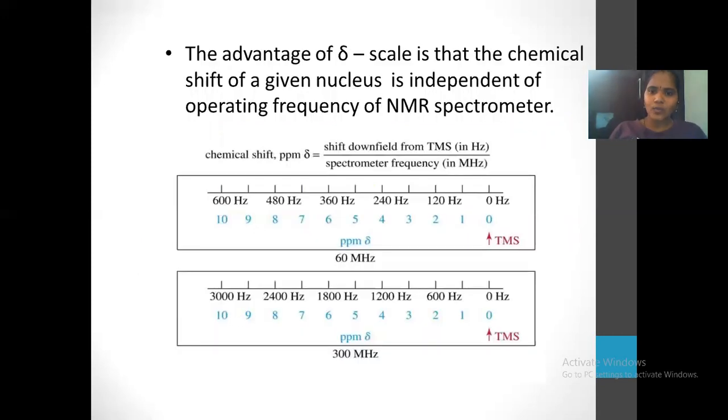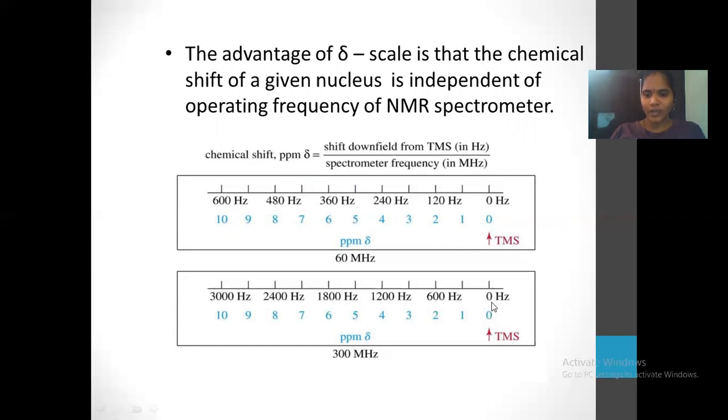So I used one phrase, irrespective of the instrumental frequency, the position of the peak will not change. Here, if I use an instrument which runs at 300 megahertz, and another instrument which runs at 60 megahertz, wherever the TMS absorbs the radiation, that position is considered as zero, irrespective of the frequency of the instrument.